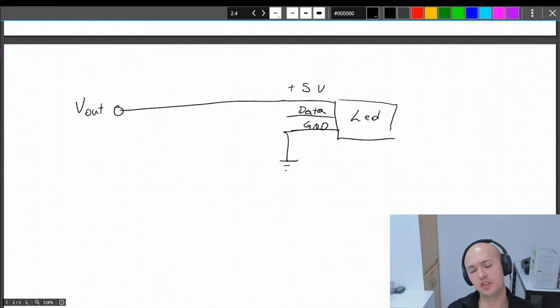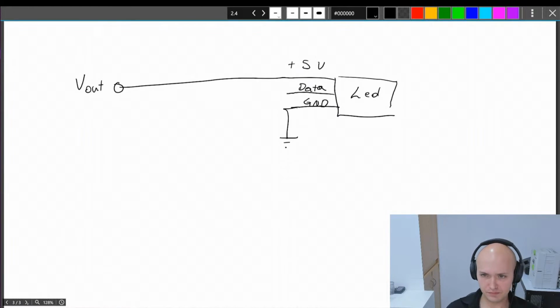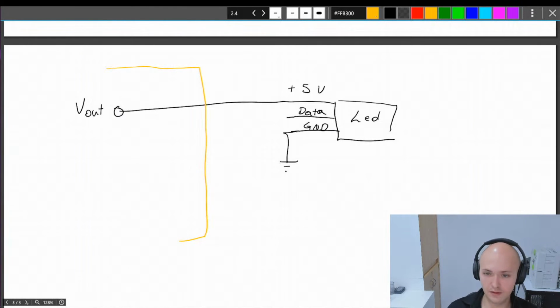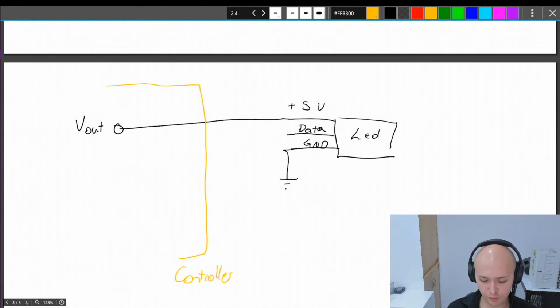The data line is a digital signal which gives out some values. To make it more clear, I will add, this is our controller. And it would have the pins 1, 2, 3, 4 for RGB.